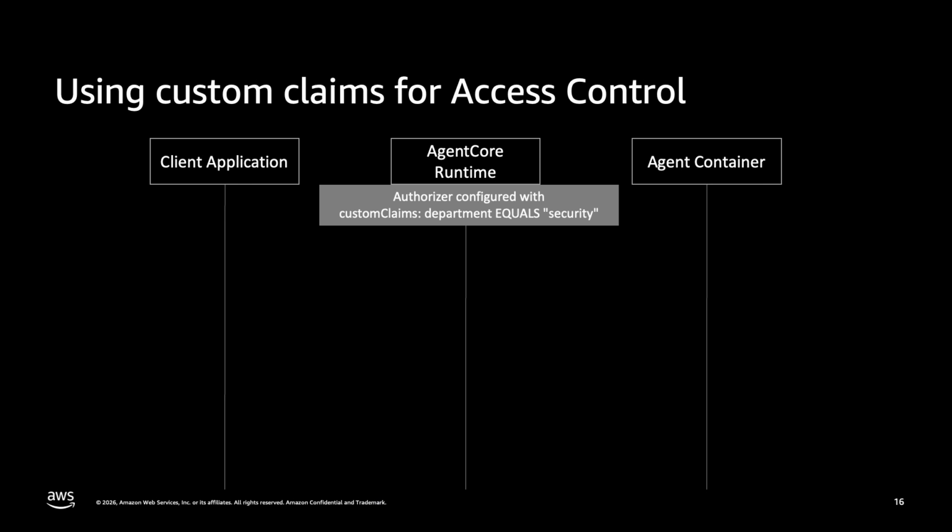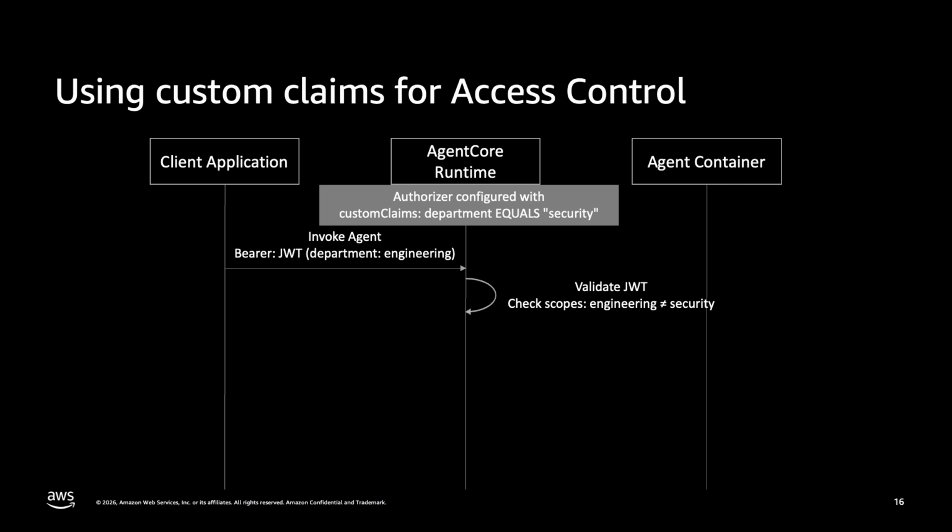Let's see this in action with an agent that has an authorizer requiring custom department to be equal to security. When an engineering user invokes the agent, their token has a value of engineering in the department custom claim. AgentCore validates the JWT, signature and expiration check out, but then it checks the custom claim.